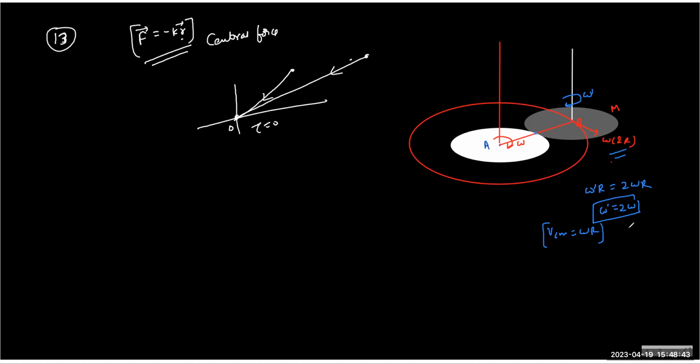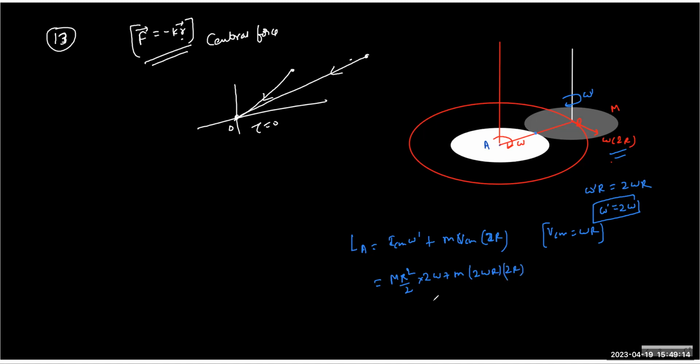So the angular momentum, how do we write it? LA equals ICM omega dash plus M V R. ICM is M R square by 2, omega dash is 2 omega, plus M, VCM is 2 omega R, into 2R.